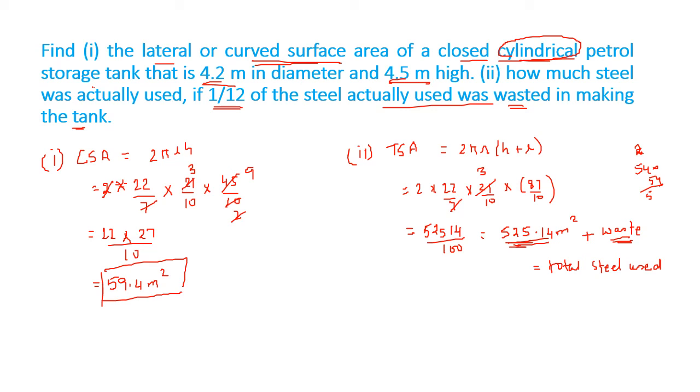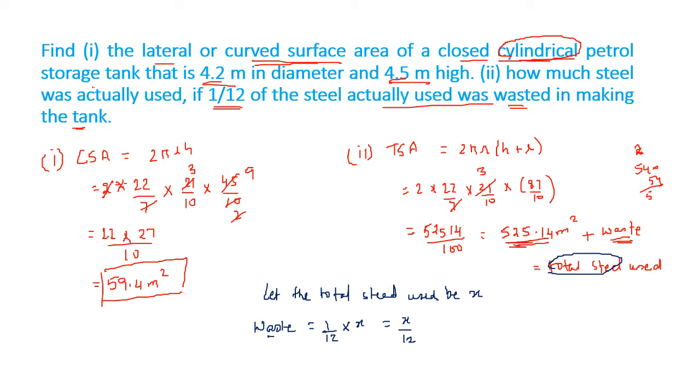What is x? x is the total steel we are using. So what is the waste? It is 1/12 of the total material used, that is 1/12 x, equal to x upon 12 is the waste. So the total steel we used was x and this is the wastage.